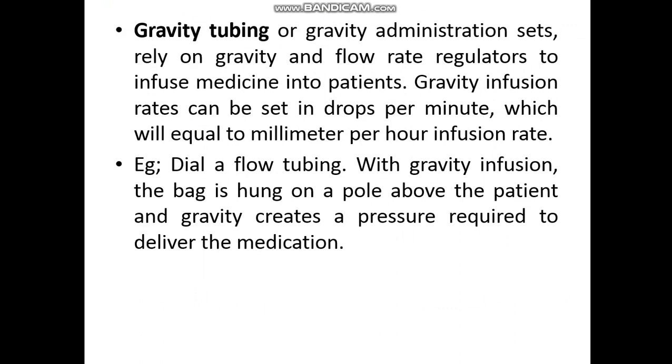So one example of gravity tubing is dial-a-flow tubing. Under gravity, the bag is hung on a pole just above the patient, and due to the action of gravity it creates pressure within the tubing, and that pressure is required for delivering the medication to the patient.